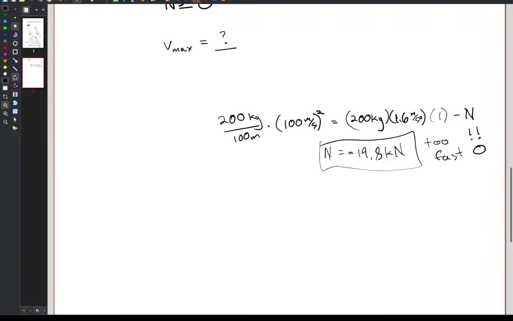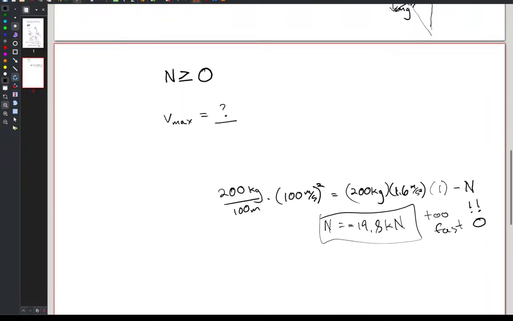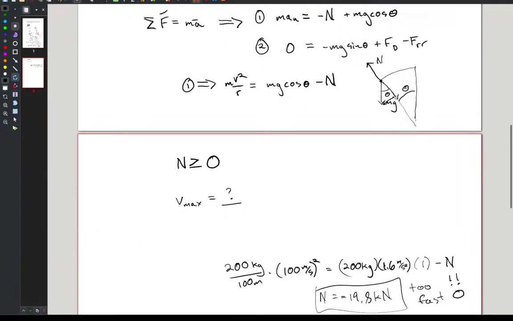We want to go slower than that. That's more than Vmax. So what do we think Vmax is? How do we get there? I'm leaving some breadcrumbs, but I want to see how you approach it. You can plug in Vmax as something there.